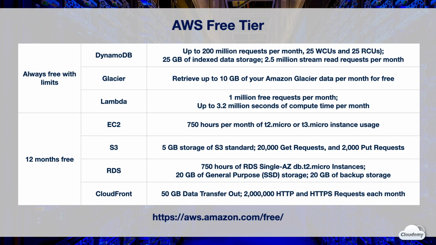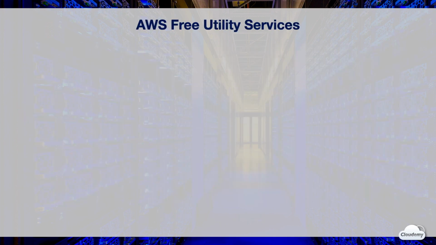Amazon RDS gives you 750 free hours of DB T2 micro instances with single AZ deployment, 20 gigabytes free general purpose SSD database storage, and 20 gigabytes free backup storage in the first 12 months. With Amazon CloudFront, you get 50 gigabytes free outbound data transfer, 2 million HTTP and HTTPS requests each month for free in the first 12 months.